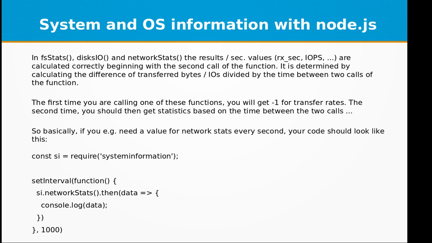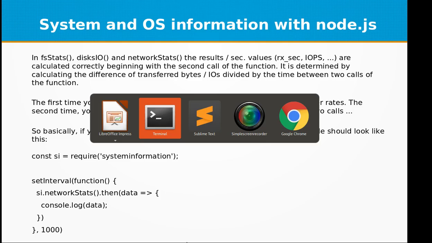The first time you are calling one of these functions, you will get -1 for transfer rates. The second time you should then get statistics based on the time between the two calls. So basically, if you for example need a value for network stats every second, your code should look like this.